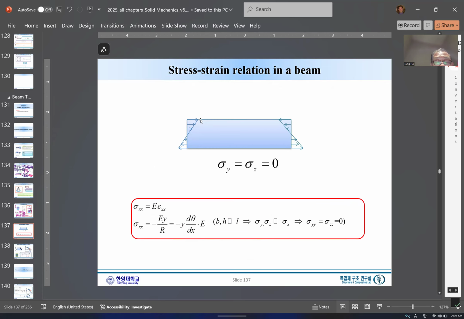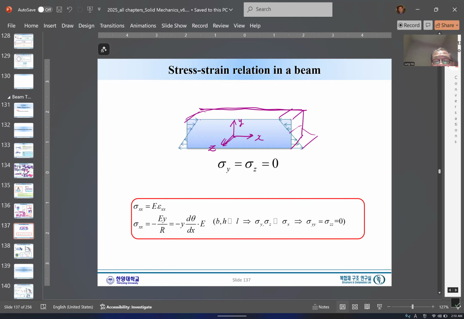So, actually, the beam, as we considered last time, we have a beam like this. Okay, something like that, if we consider widths. And the coordinates, this is x and y, and then this is z.